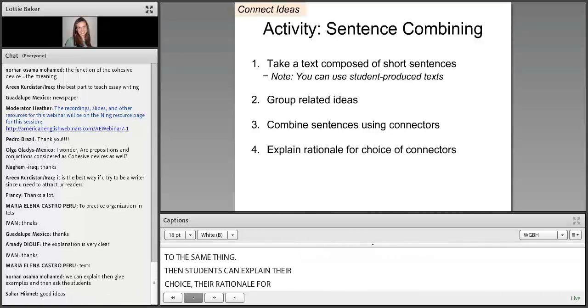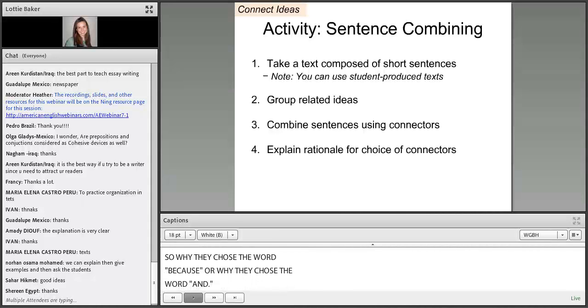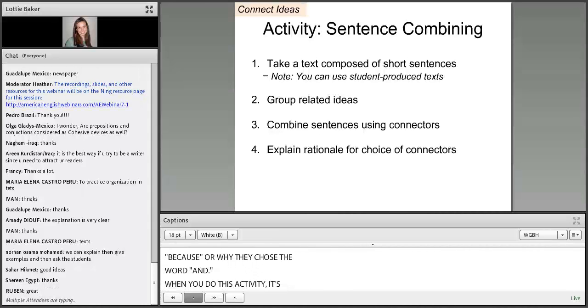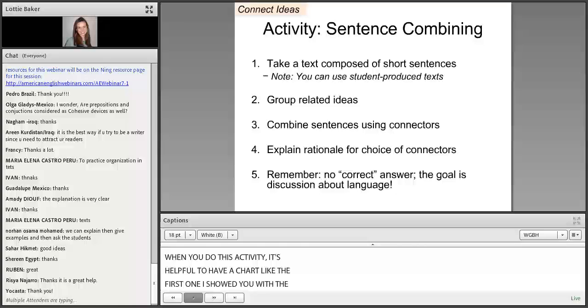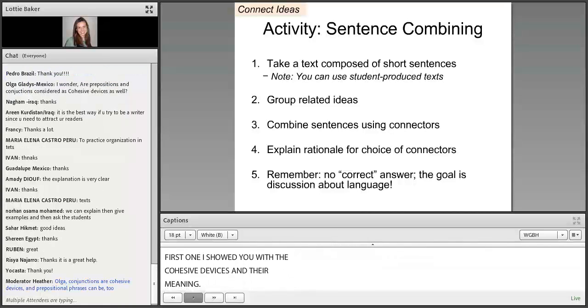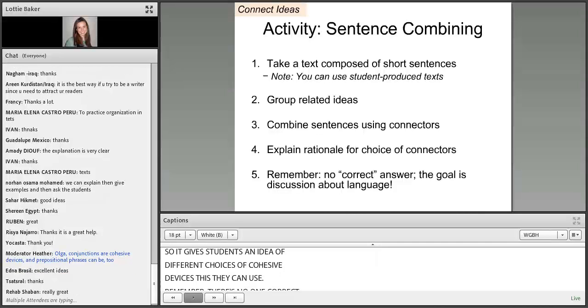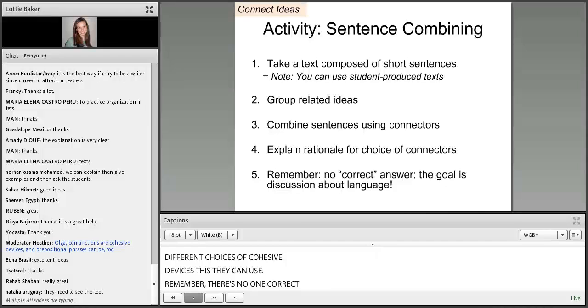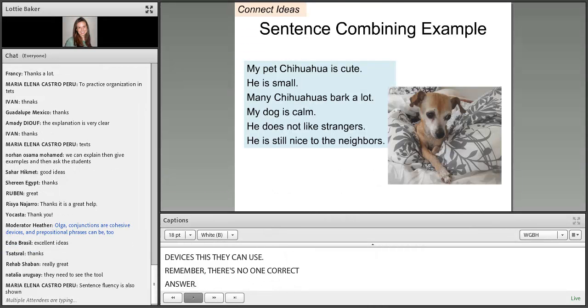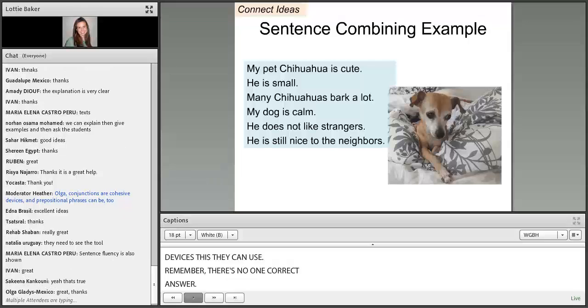So why they chose the word because or why they chose the word and. And when you do this activity, it's often helpful to have a chart like the first one I showed you with the cohesive devices and their meaning. So it gives students an idea of different choices of cohesive devices they can use. And remember, there's no one correct answer. Really, the goal of these activities is discussion about language and heightening students' awareness of language.